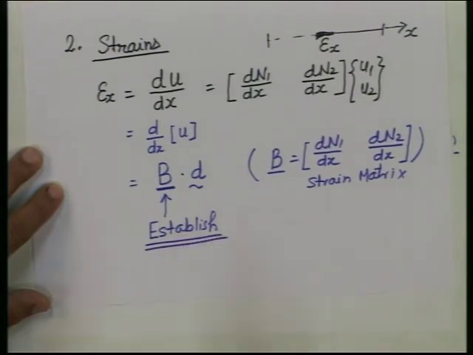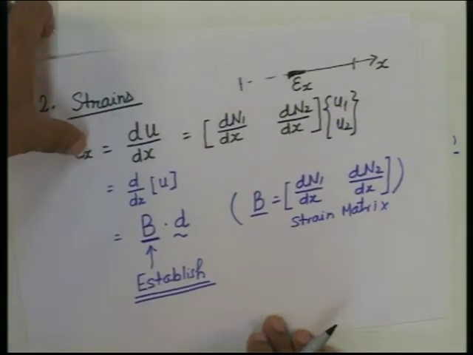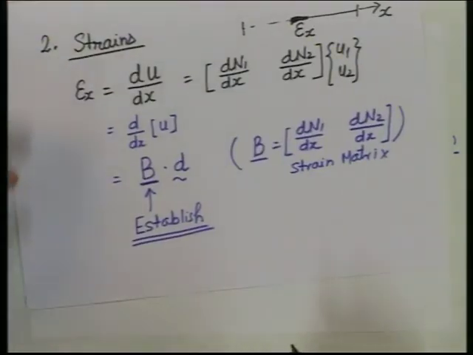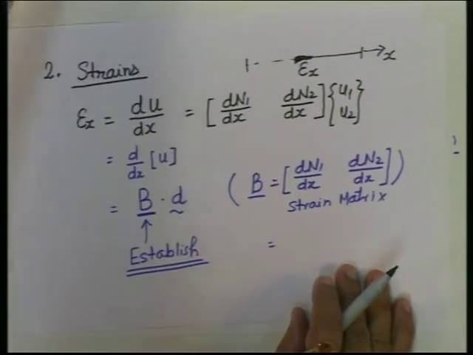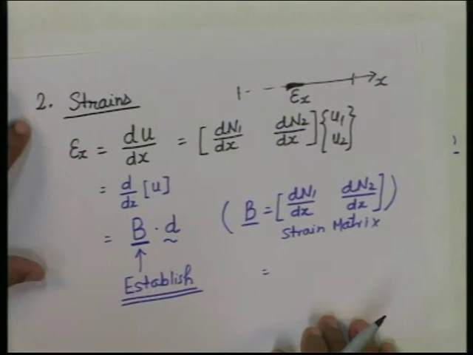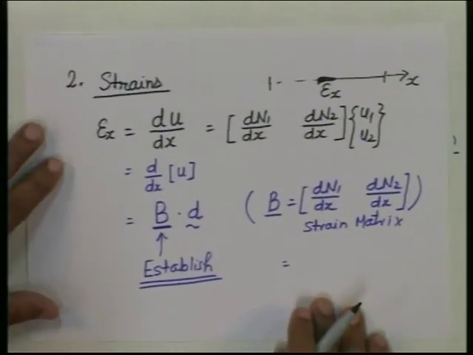In any problem, please establish this B matrix. So, first is n matrix, because unless you establish n, you cannot proceed further. Then B. Now, B we have just now said, for example, let us take your n1 n2 for the linear, 1 minus x by L and x by L. So, derivative of 1 minus x by L is how much?